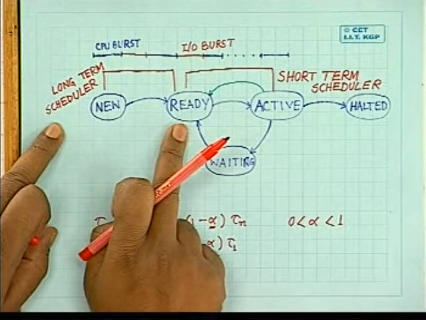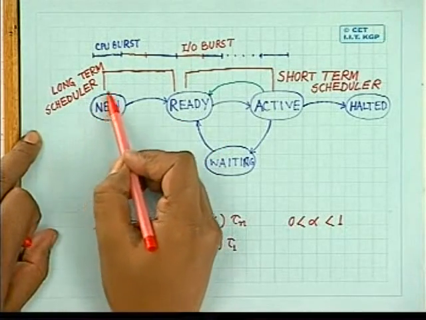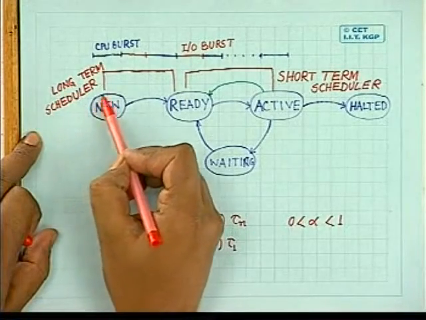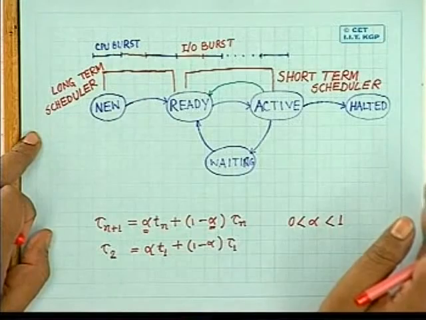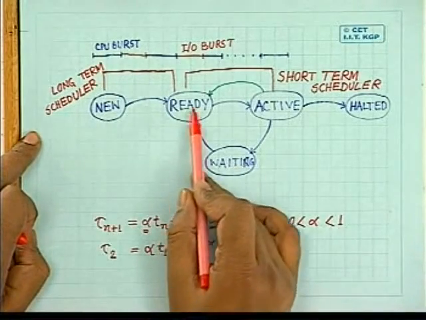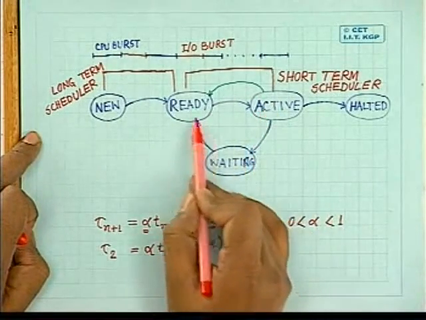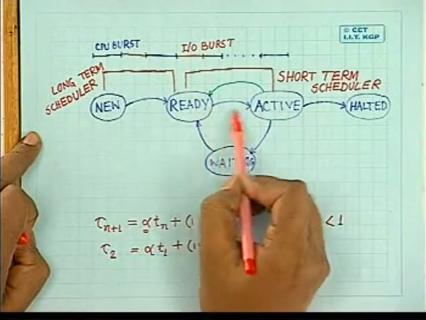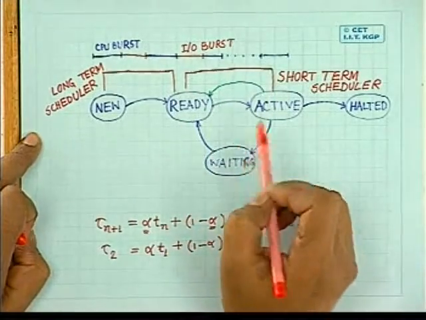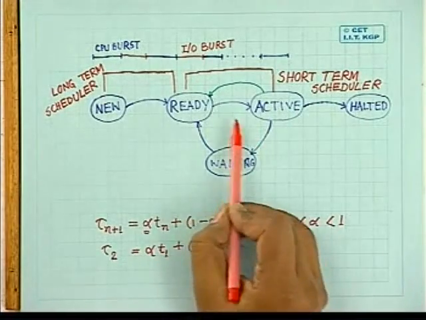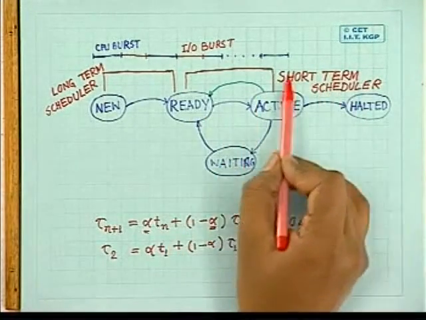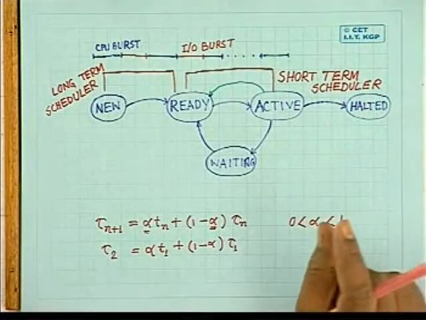And you find that the duration of this long term scheduler decision is quite long, because a job will move from ready to active to waiting to ready, or ready to active to ready. This cycle will continue for a long time, that is, the entire lifetime of the job. Whereas the scope of the short term scheduler is very short.